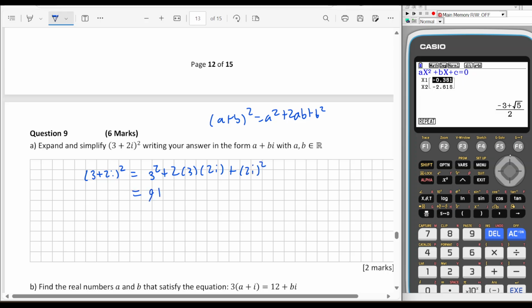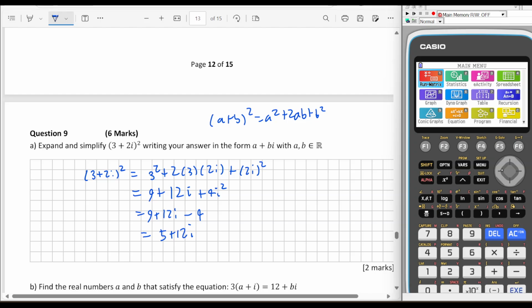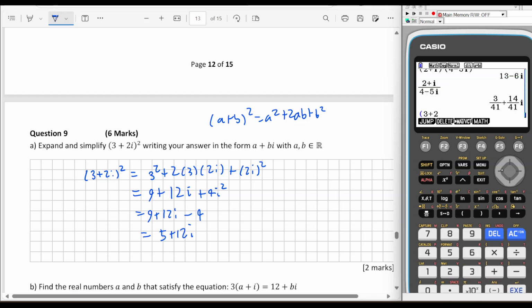So this becomes 9 plus 12i plus 4i squared. This is 9 plus 12i take 4, which is 5 plus 12i. Now, we can check it on our calculator. So we can go 3 plus 2i and square it, and we get 5 plus 12i.